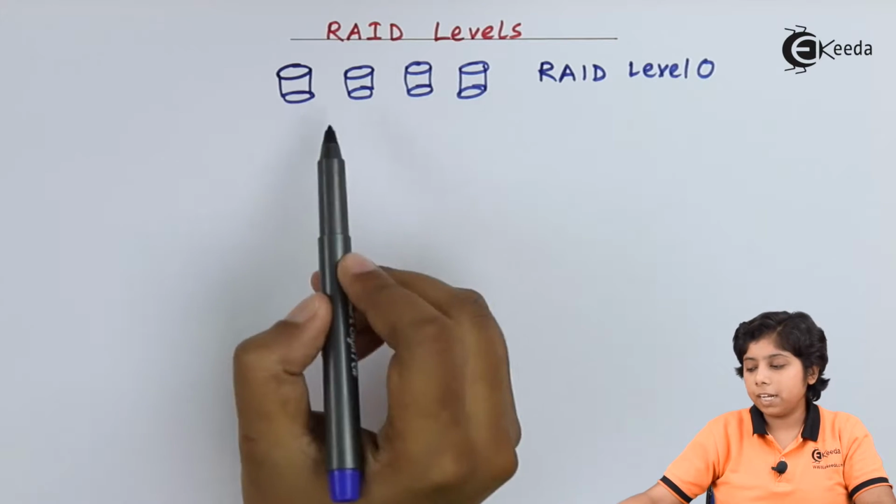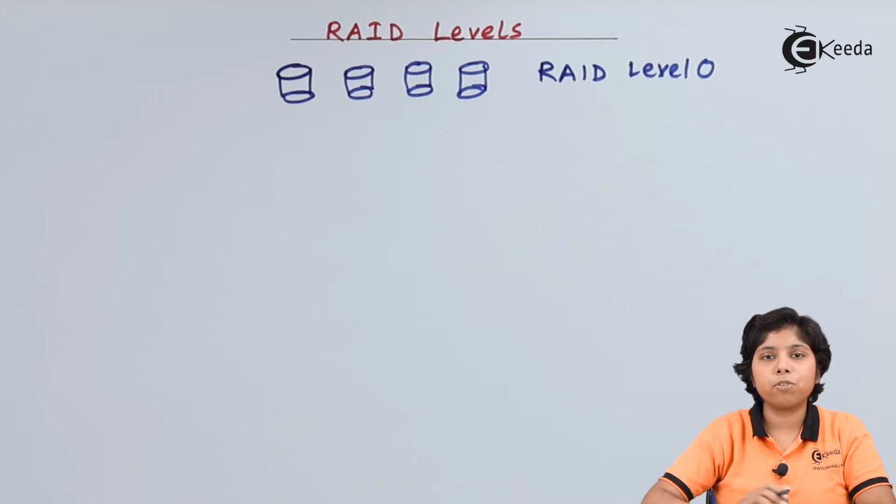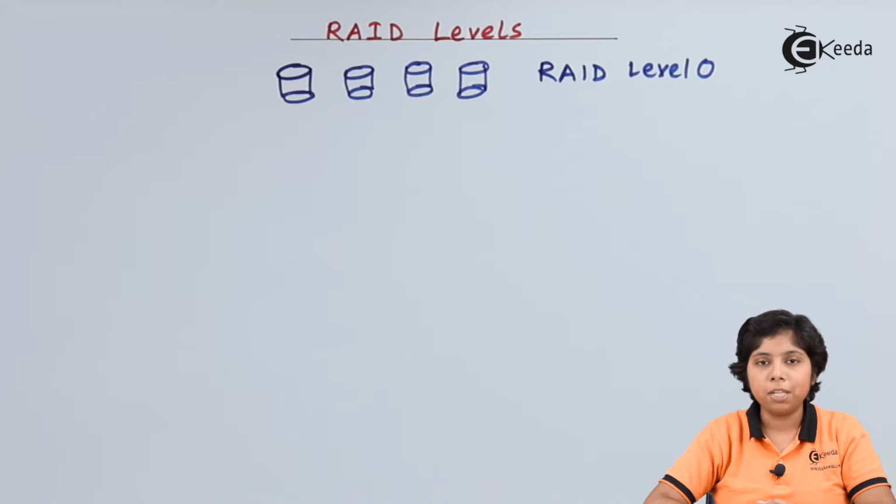So here we can see that only 4 disks are needed to stripe all the data between them, but no redundancy or error checking method is used in RAID level 0. It provides high performance and data transfer rate, but it does not improve the reliability.